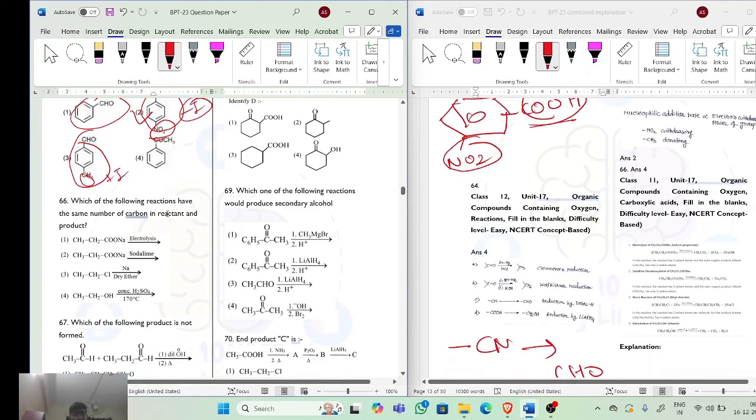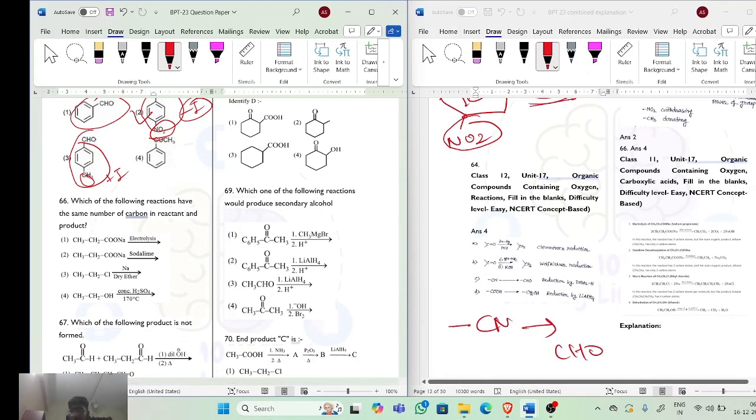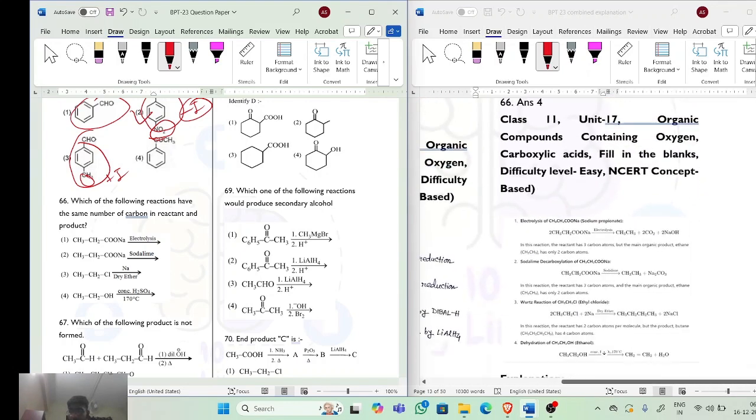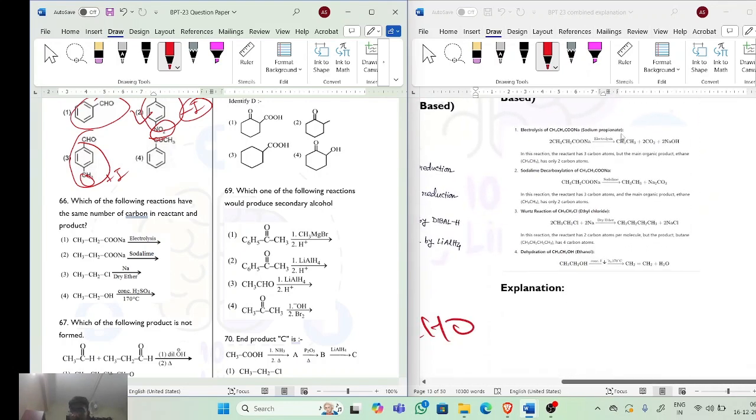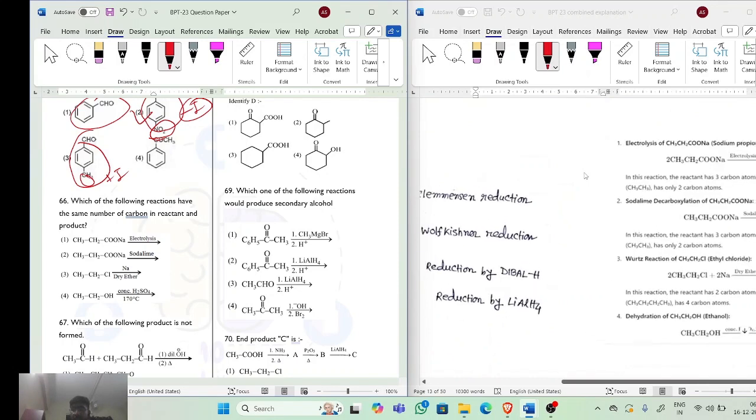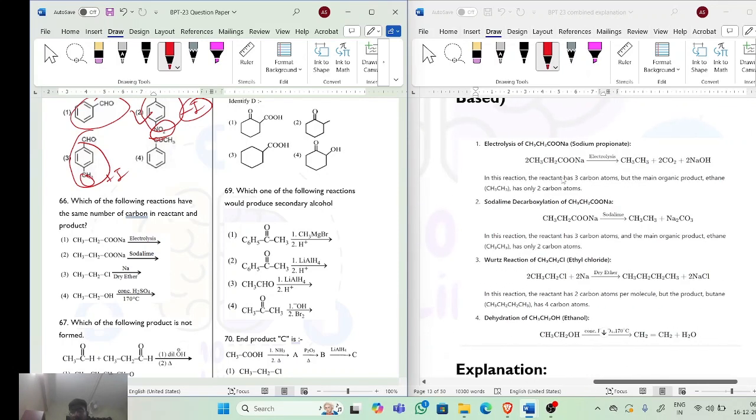Now coming to question number 66. Which of the following reactions have the same number of carbon in reactant and the product? We are given 4 reactions. The first reaction is electrolysis of CH3CH2COONa, sodium propionate.